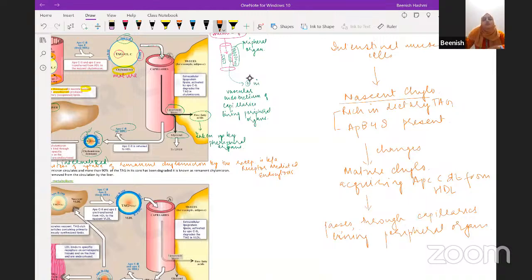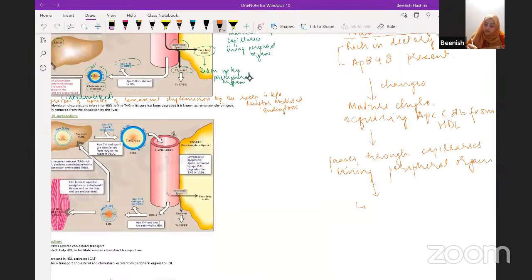And in the capillary endothelium, what is present? Lipoprotein lipase is present in the vascular endothelium of capillaries.